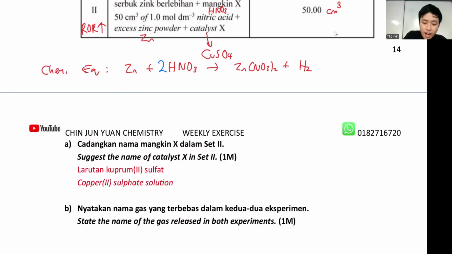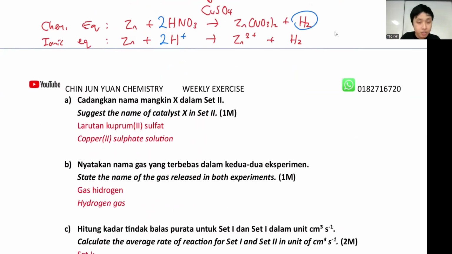Okay, if it is ionic equation, the ionic equation is Zn plus H+, you will get Zn2+ plus H2. Okay, so the gas released is hydrogen gas.